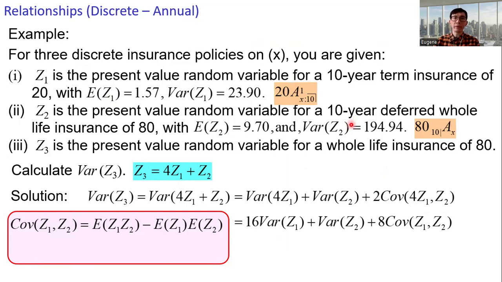Therefore, the streams of benefits between Z1 and Z2 have no overlap, and therefore Z1 times Z2 is 0, and the corresponding expected value of Z1Z2 is 0. So the covariance of Z1 and Z2 is simply the negative of the expected value of Z1 times the expected value of Z2.